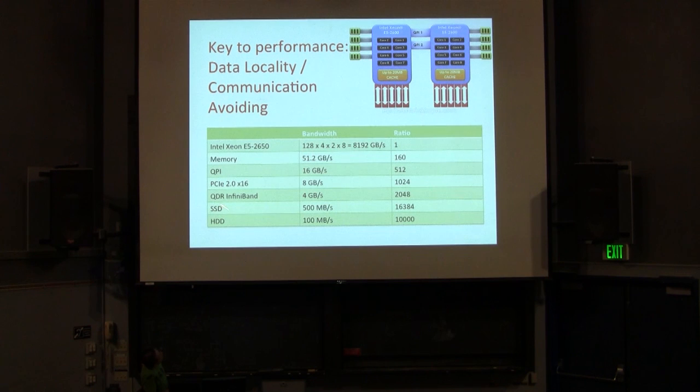But then if for every calculation you have to do some I/O to the disk, even though we have some really fast SSDs for the big memory system, it is more than 16,000 times slower.